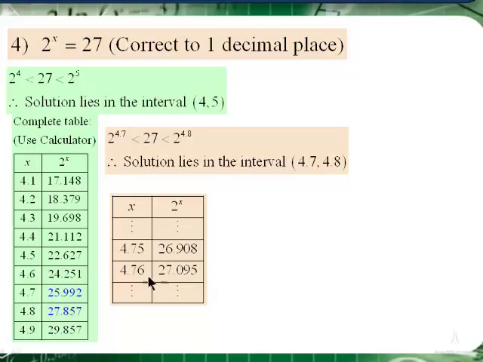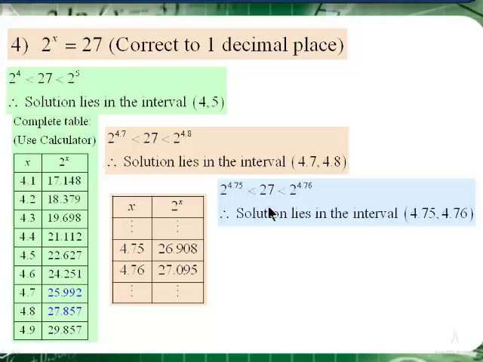Because if we want to get the answer correct to 1 decimal, we must be certain about the second decimal, and it doesn't matter if it's 5 or 6. It will both mean that you will round it up to 4.8. So therefore that solution lies in that interval, and therefore x equals 4.8 is a solution correct to 1 decimal.